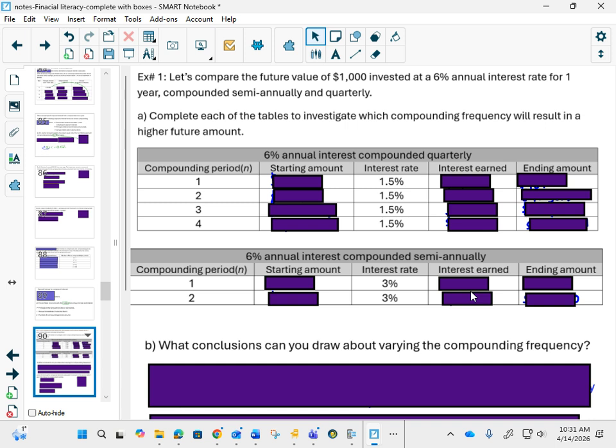Here's the idea. So let's compare the $1,000 at an interest rate compounded semi-annually and compounded quarterly. So in quarterly, you're starting with $1,000. At an interest rate of 1.5%, you should get $15.